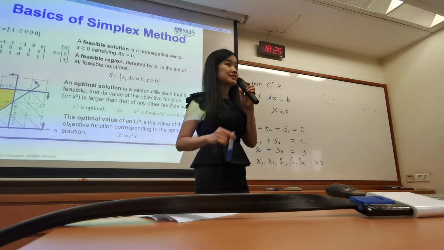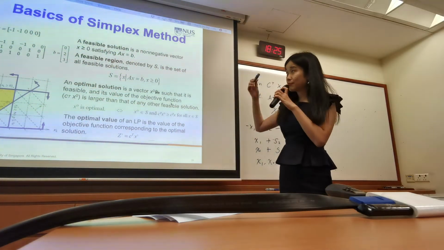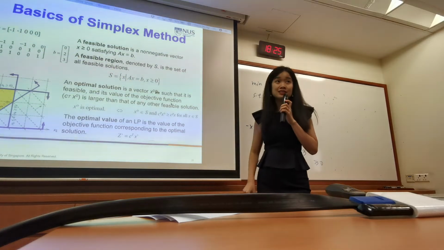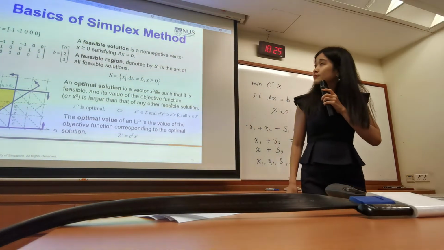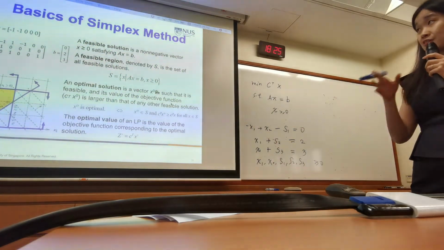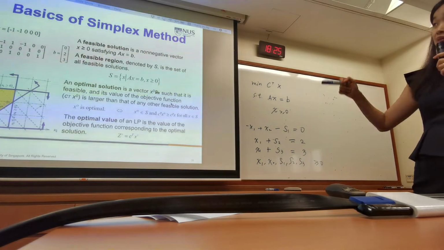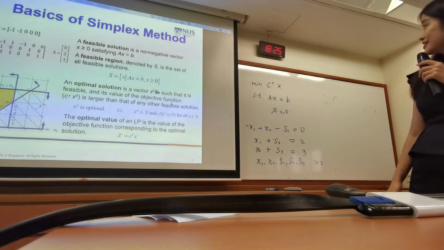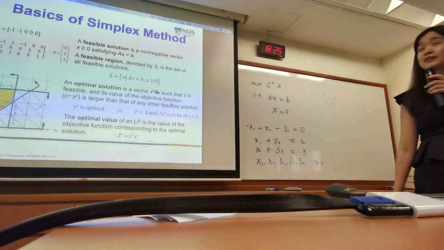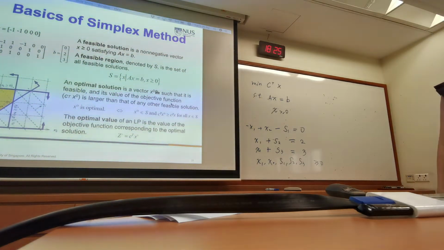So it's always a 3 by 5, or 4 by something, matrix format, depending on how many constraints you have, corresponding to rows, and how many variables you have, corresponding to columns. So this is the way we turn the problem to the standard format.